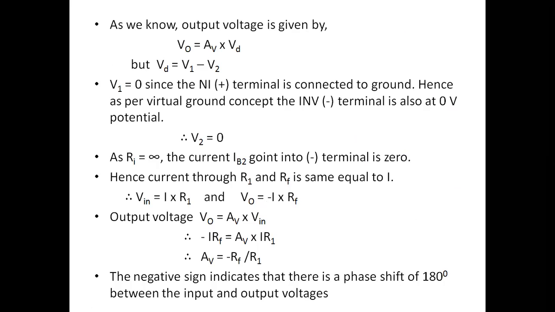Now we have the output voltage in terms of input voltage and the gain, that will be AV into Vin. We have the equation for Vin and the equation for VO, so you will get voltage gain equal to minus RF upon R1.